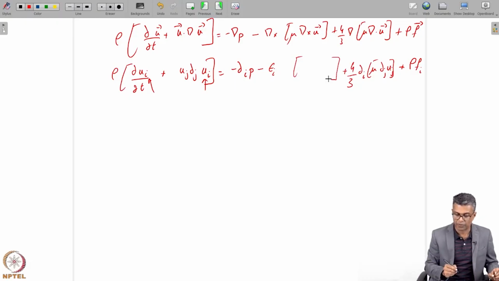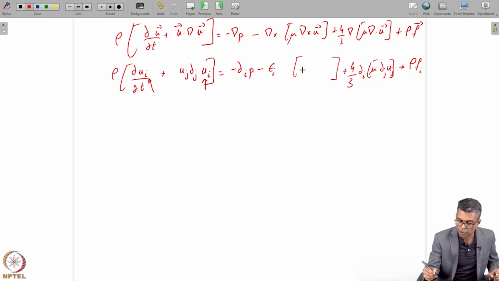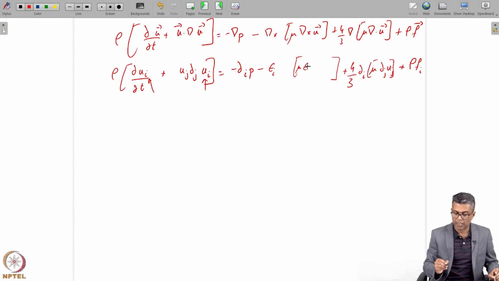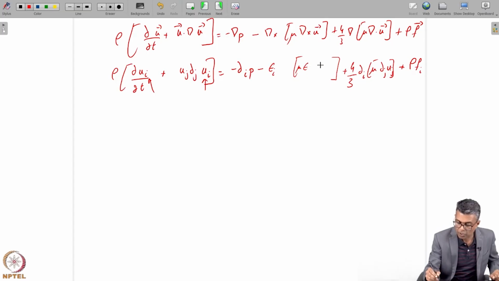I'll do the inside first, and I'll use say two new indices. Because there is a del cross, I will need to bring in an alternating tensor there again. Okay, so then I will have epsilon, and then I will have del m u j.